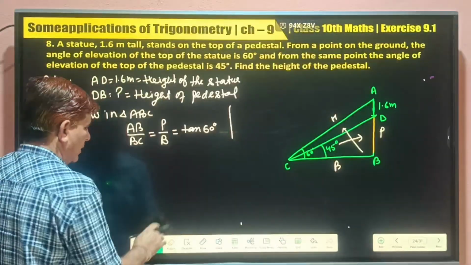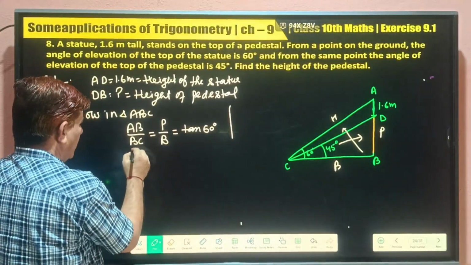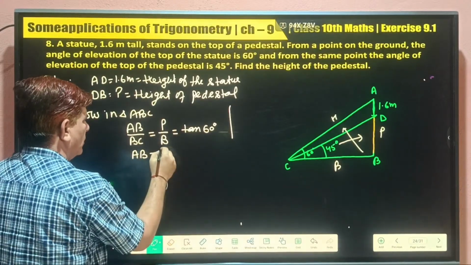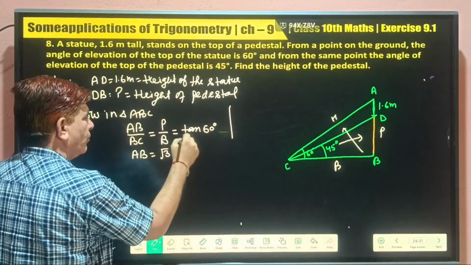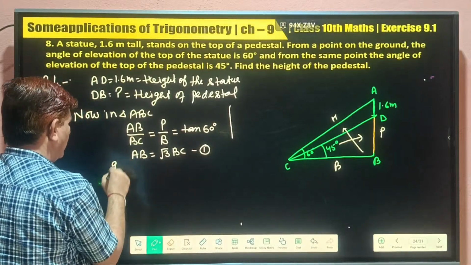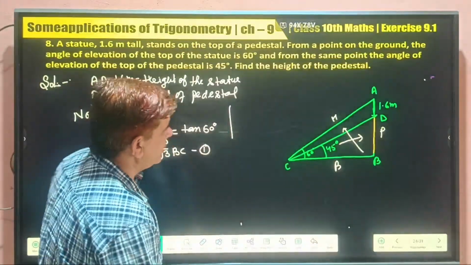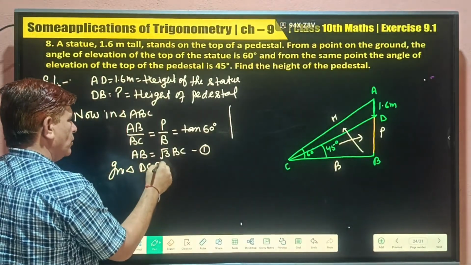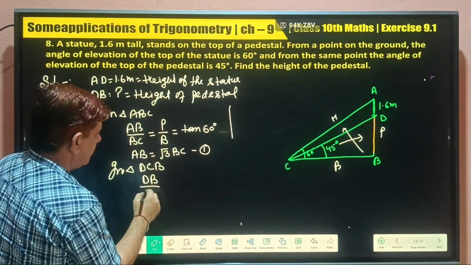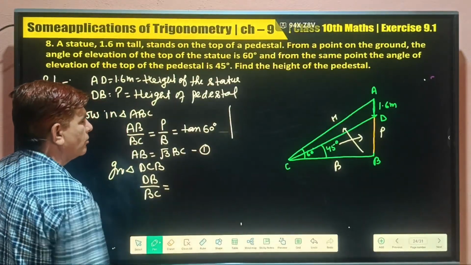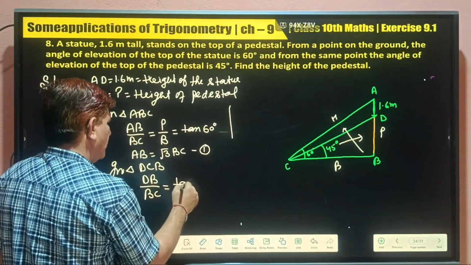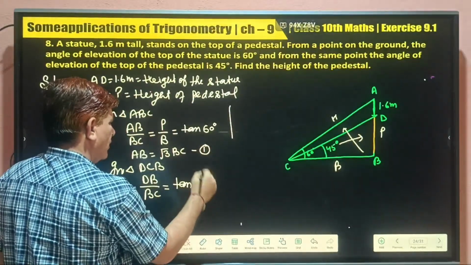This written, from here we can start. So AB equal to under root 3 BC. Leave this here. Then in triangle DBC, DB by BC is equal to tangent 45 degree.